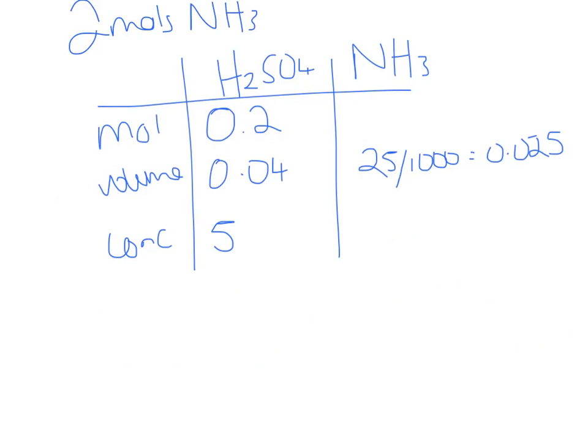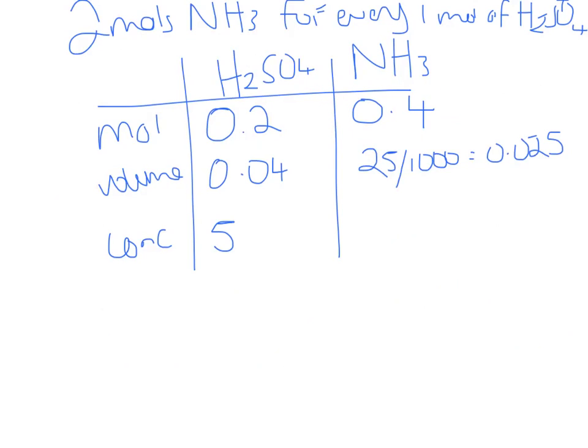There's 2 moles of NH3 for every 1 mole of H2SO4, because that's why we balance the equation. So if we had 0.2 moles of H2SO4, we'd have twice as much for the NH3. So the NH3 moles is 0.4.